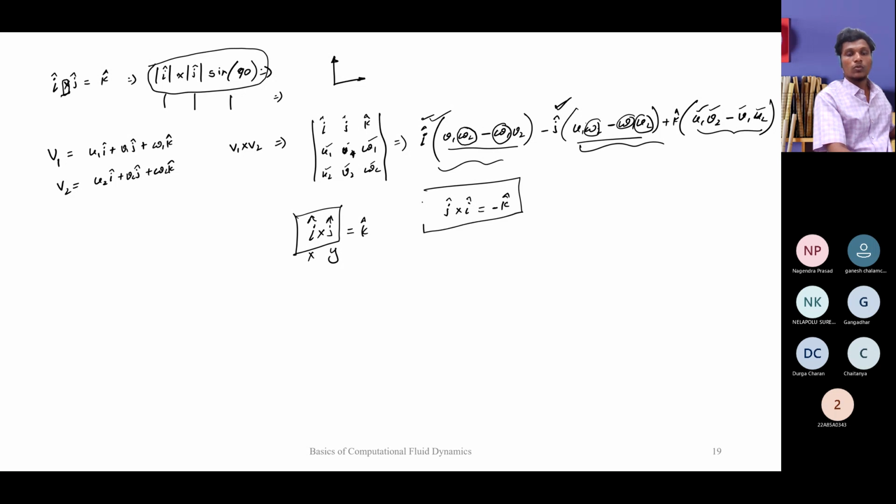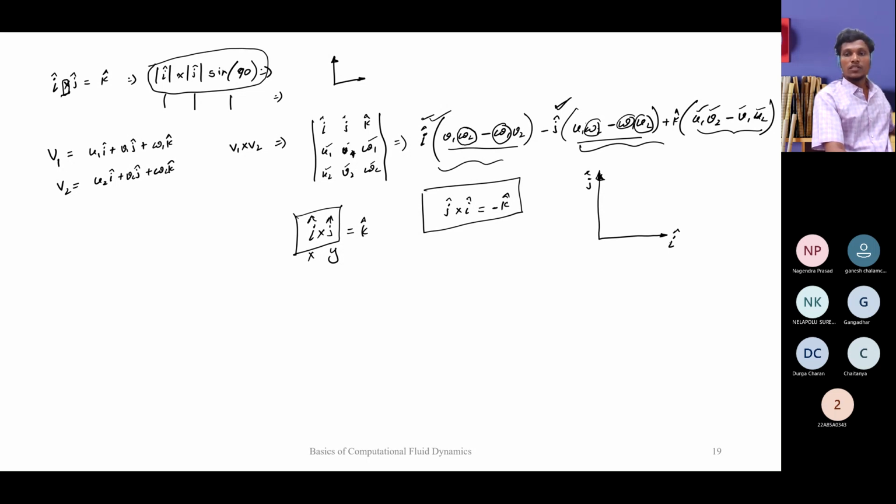You should be able to see by yourself how these things play out in the matrix. If you are able to write these things in the matrix and derive this, you can easily understand why we are getting this minus. By simple definition, from the actual definition, we have i cap here, j cap here, right?